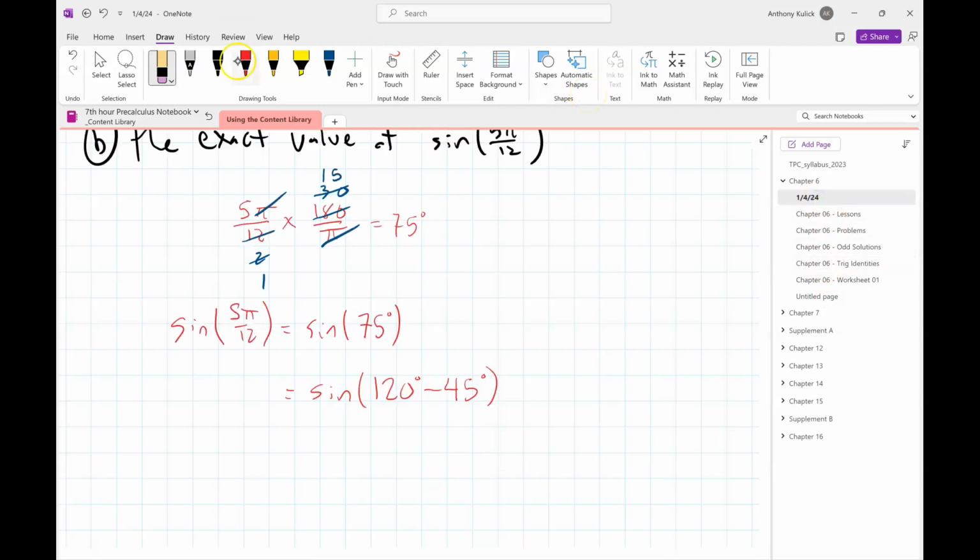So let's write that in then. So there's me using my identity. That's all I had to do with it. I just used it as a formula, basically.